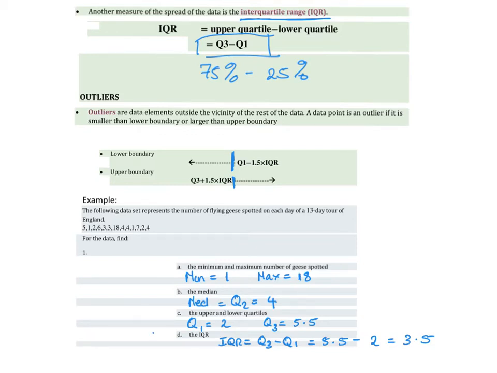For the IQR, we can use information from the calculator to get it. So here it's Q3 minus Q1, which in this case is 5.5 minus 2, which is equal to 3.5. So that should not be overly difficult, just reading information from your calculator.